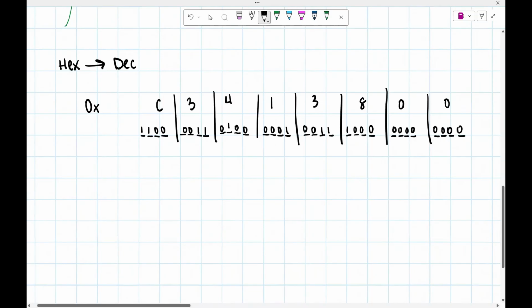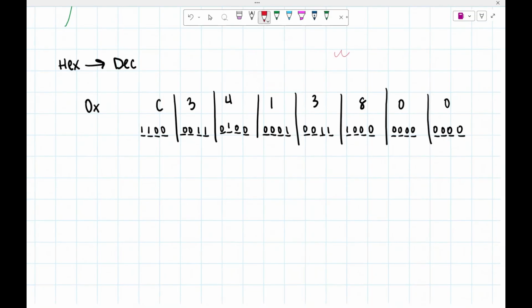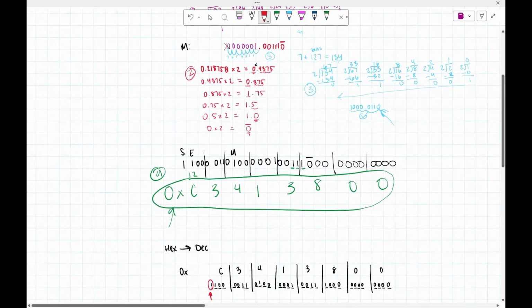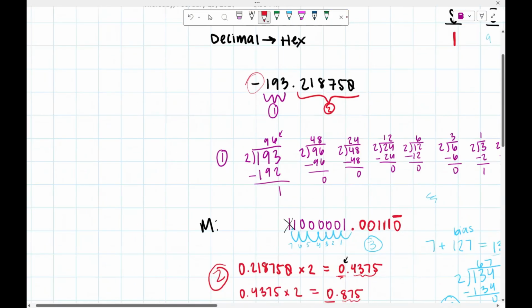So that being said, now we have our binary number, right? So we can go ahead and start sectioning them off based off of sign, exponent, and mantissa. So the sign is the very first number. And since this is a 1, we know it's going to be negative, right? And that's right because remember we're trying to get this number again, and that's a negative.